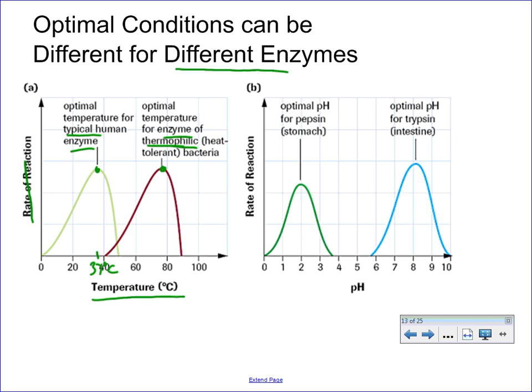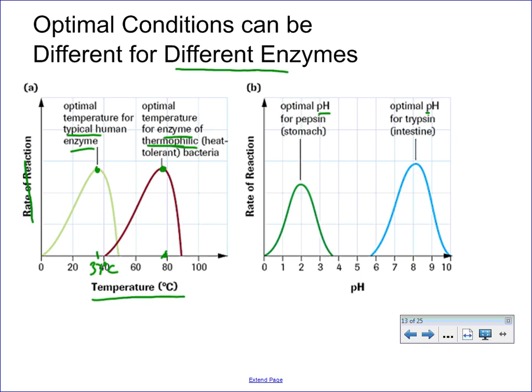So their enzymes denature at higher temperatures. And here we see that the optimal temperature is around 75, 76 degrees Celsius. So those optimal conditions can vary depending on the enzyme.